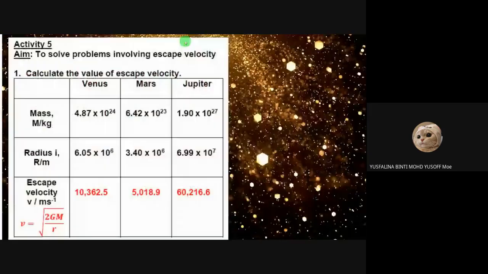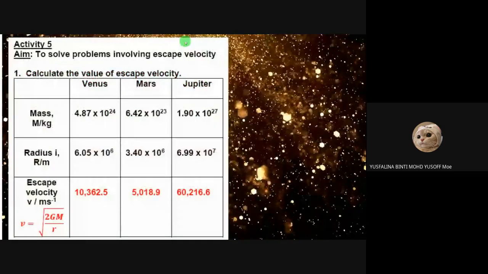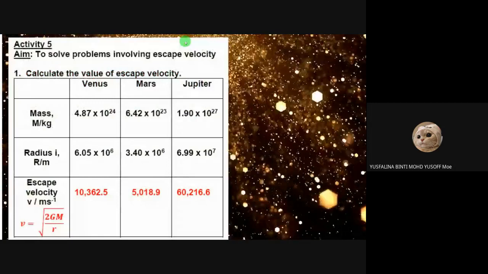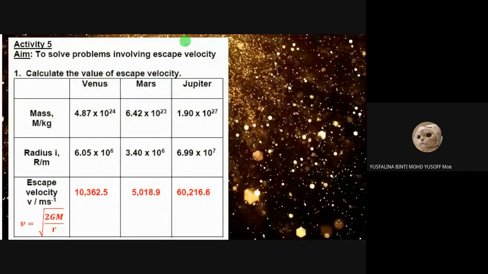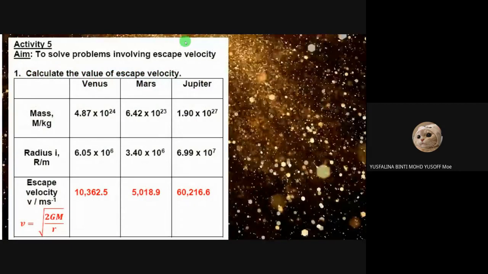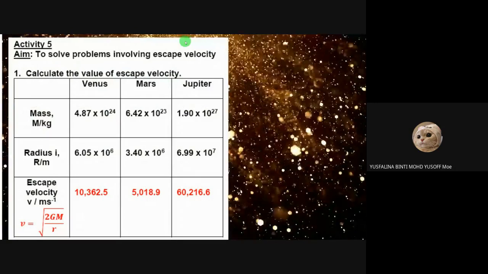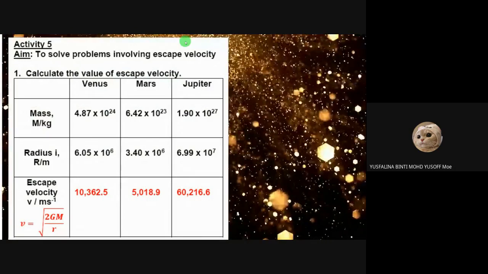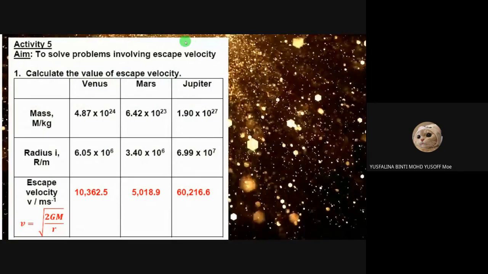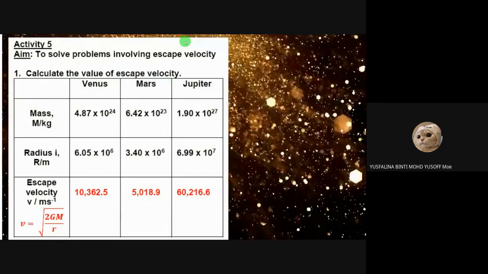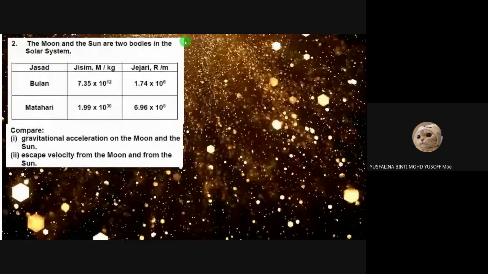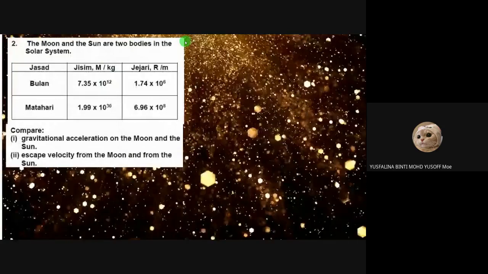Okay. So this one is just for your knowledge. For Venus, Mars, and Jupiter, of course, Jupiter has the highest escape velocity, like 60,216. And for this one, I want you to calculate.